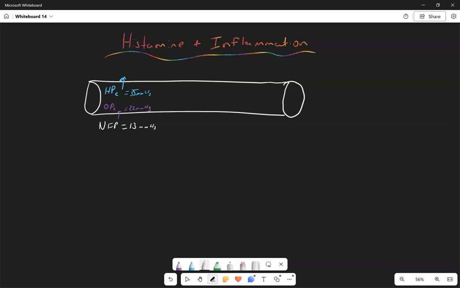And we said down here at the venous end that the hydrostatic pressure of the capillaries dropped down to about 15 millimeters of mercury, but the osmotic pressure stayed the same at 22 millimeters of mercury. So the net filtration pressure at the venous end was equal to negative 7 millimeters of mercury. And so that led to a net water loss, because 13 is greater than 7, so we pushed out more water than we brought back in.